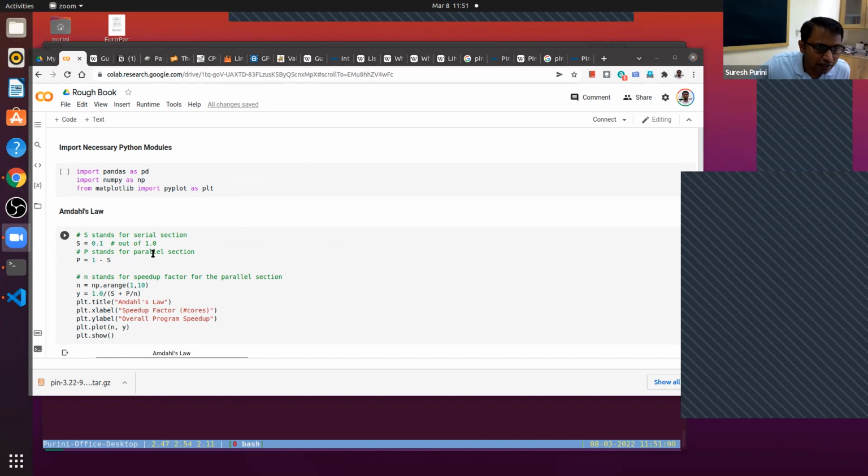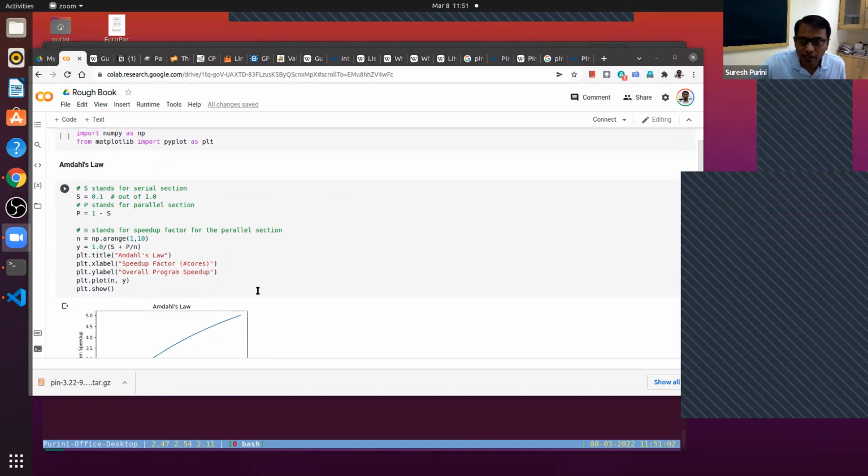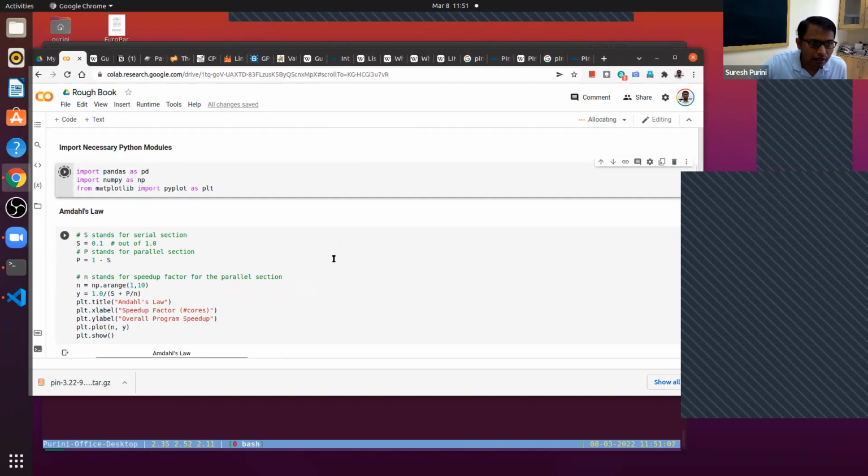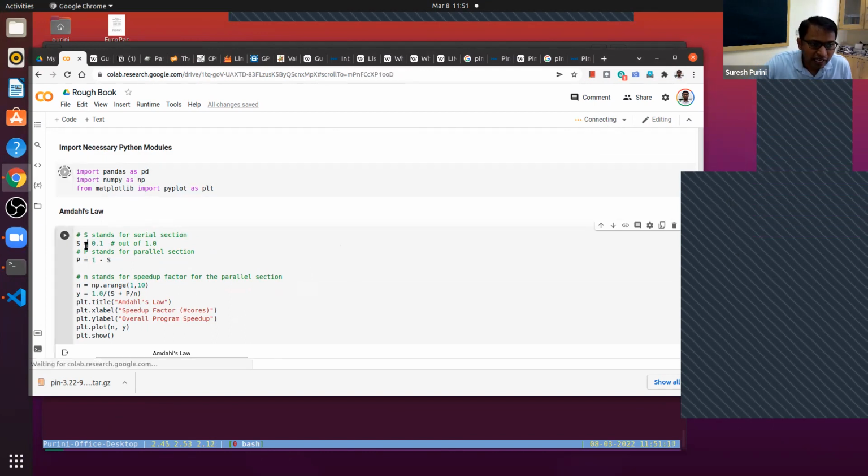So let me run this. This is what we just looked at. This is what is called Amdahl's law. Let's say 0.1 fraction of your program is serial, and that means P is equal to 0.9 fraction of your program is parallel.